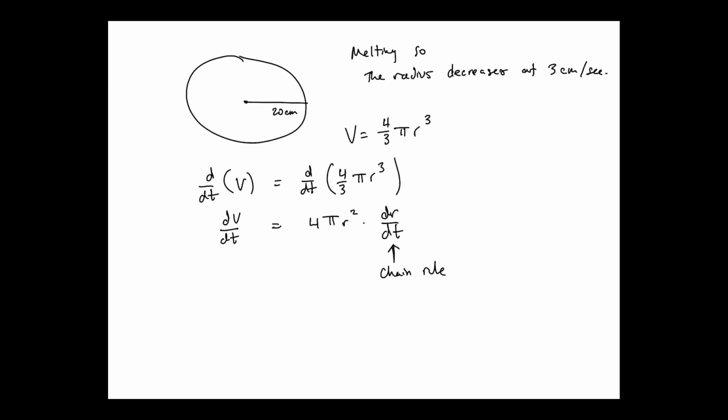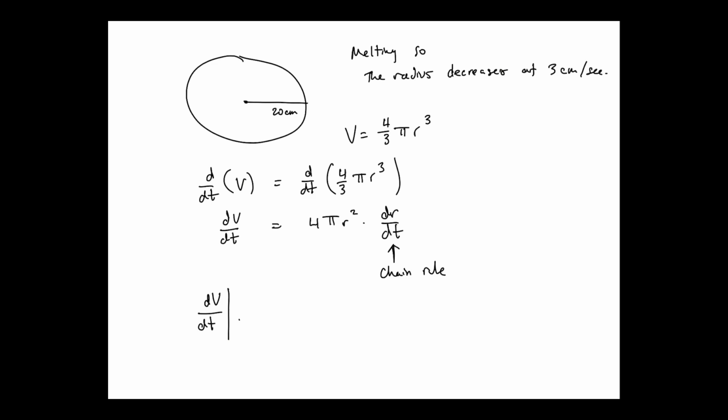Okay, so what do we have? So dV/dt, you guys remember the vertical bar as a piece of notation? This is one of the places where it's really nice.